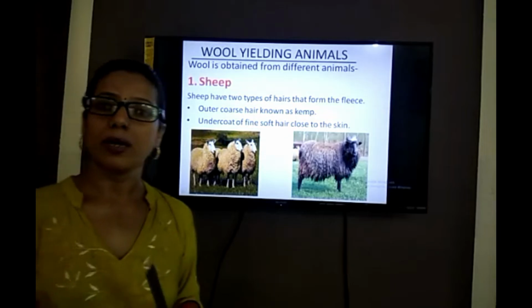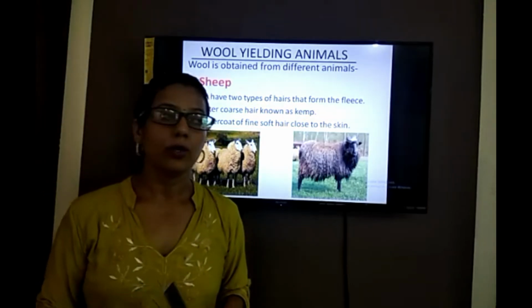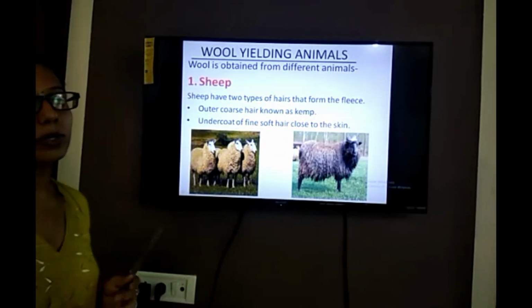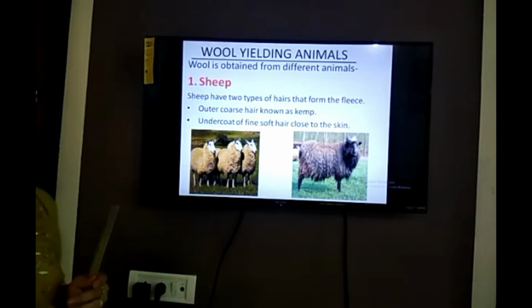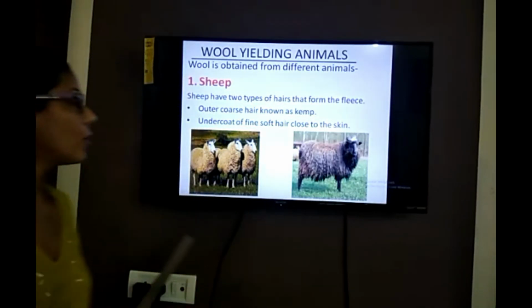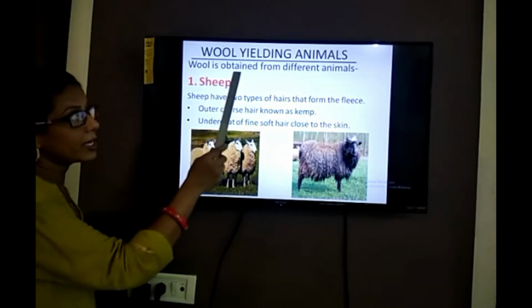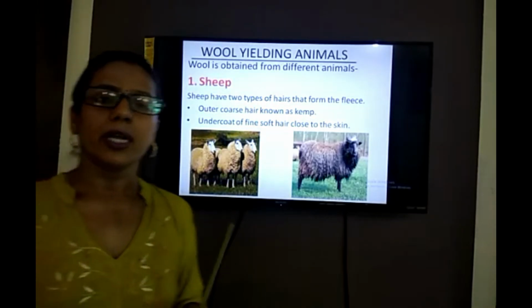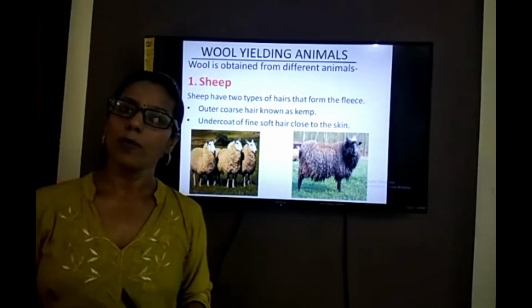Animal fibers are wool and silk. First we are discussing wool. As we know, wool is obtained from different wool yielding animals. Generally, wool is obtained from sheep.